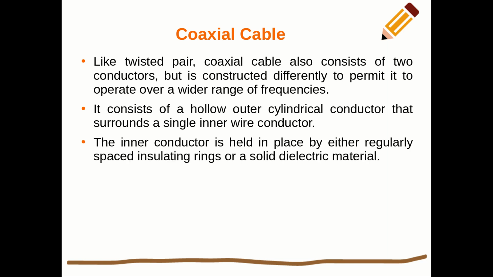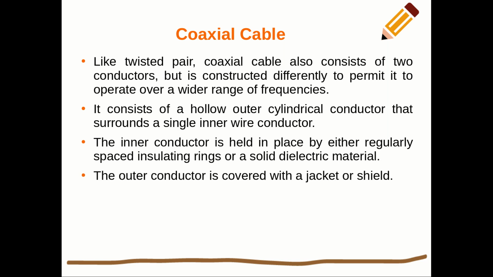The inner conductor is held in place by either regularly spaced insulating rings or a solid dielectric material. That is the one that separates the inner conductor from the outer conductor. So the dielectric material or regularly spaced insulating rings can be placed as in that insulation part. The outer conductor is covered further with a jacket or a shield.